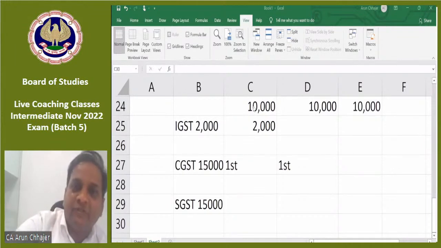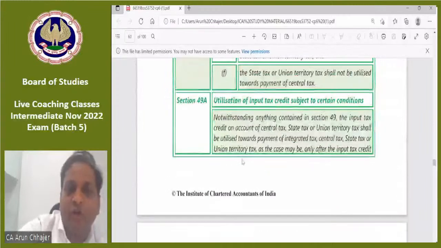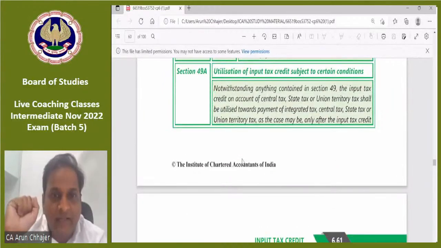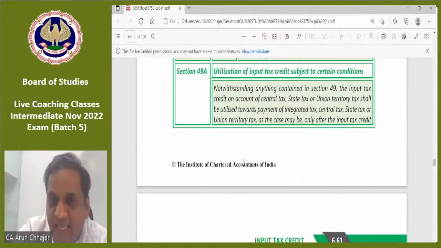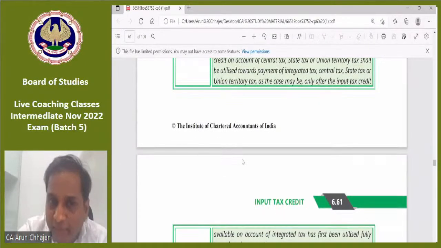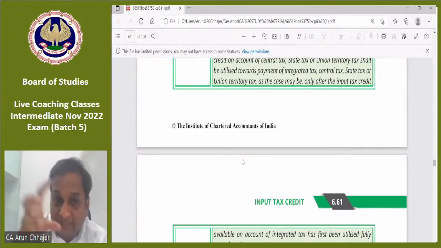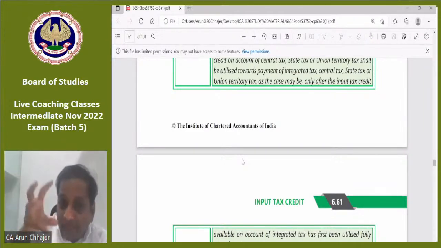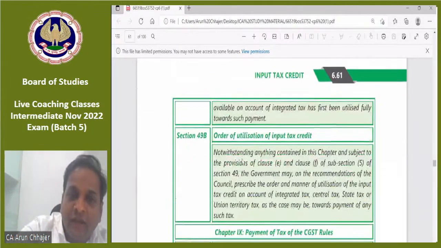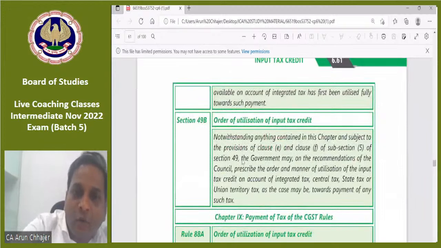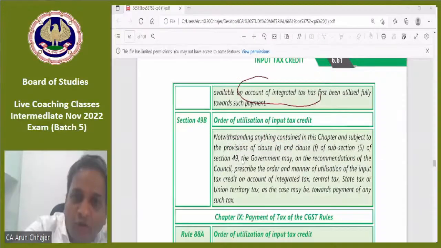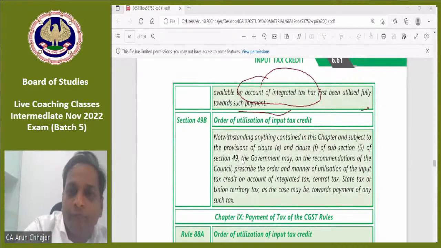Let me read the provision once again where it is written, Section 49A. Notwithstanding anything contained, ITC on account of CGST or SGST shall be utilized toward the payment of IGST, CGST and SGST. CGST will give the amount to CGST, SGST will give the amount to SGST, only after ITC available on account of IGST becomes 0.